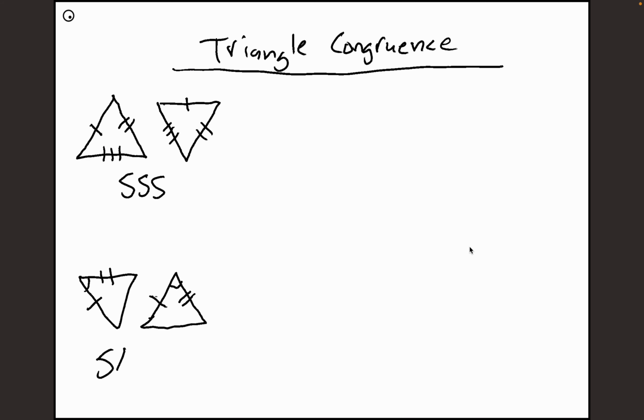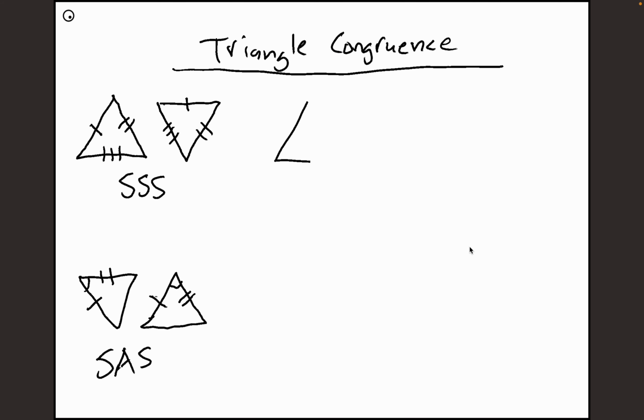This is going to be called SAS. Know it as SAS, not SAS. Side, angle, side. That's another way we can prove that these 2 triangles are congruent. The angle has to be in between those 2 congruent sides. So if we're just given this, we can prove that the whole triangles are congruent.